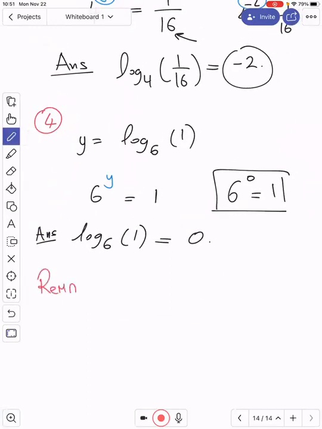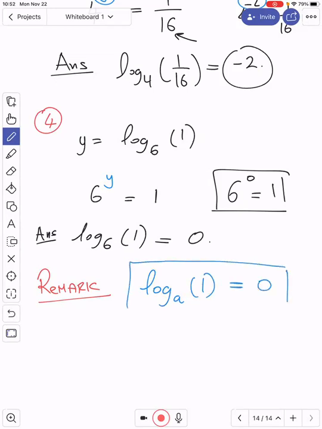Remark: log in base a of 1 is always 0. And that's because a to the 0 is always 1, because a non-zero number to the power 0 is always 1.